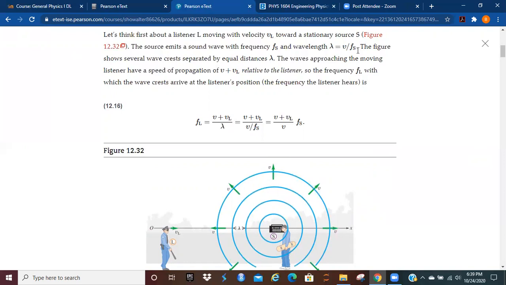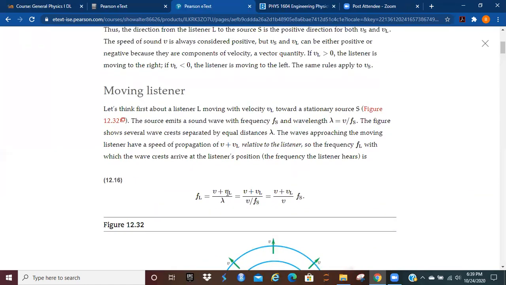The waves approach the moving listener, and they have a speed of propagation of v plus v_L relative to the listener. So the frequency with which the wave crests arrive at the listener's position is going to be this. We're going to take this expression and change it a little bit.